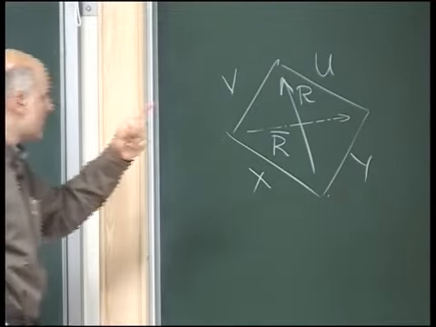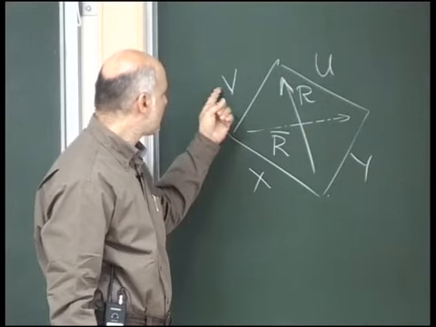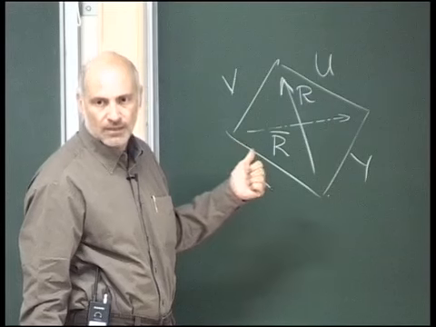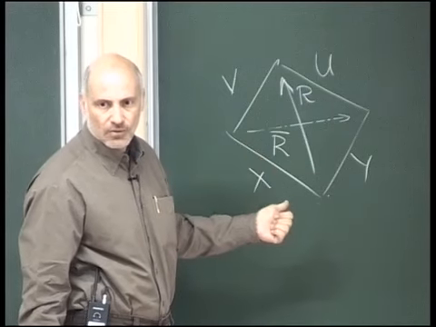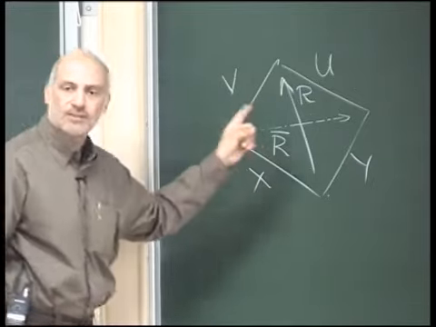Now, these equations can be solved for u and y in terms of v and x because they are first-degree equations for these matrices. However, the other way around is second degree.